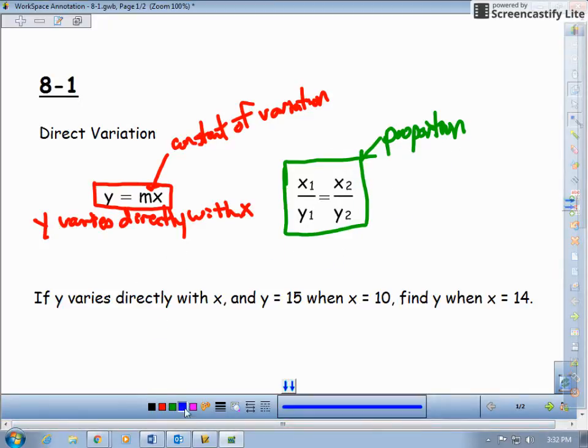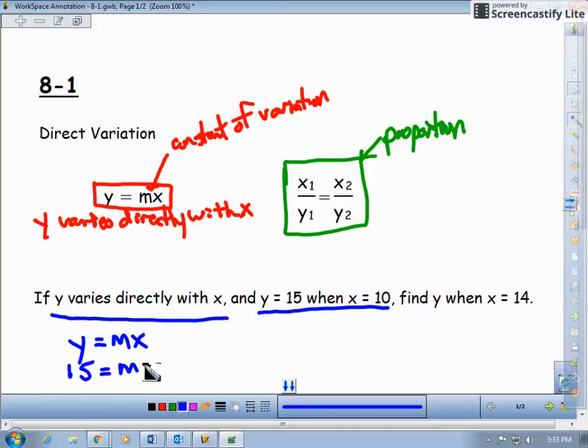So let's look at this first one. It says y varies directly with x, so I can use this equation, y equals mx. It says when y is 15, x is 10. So I'm going to put 15 in here, and then I'm going to put 10 in for x.